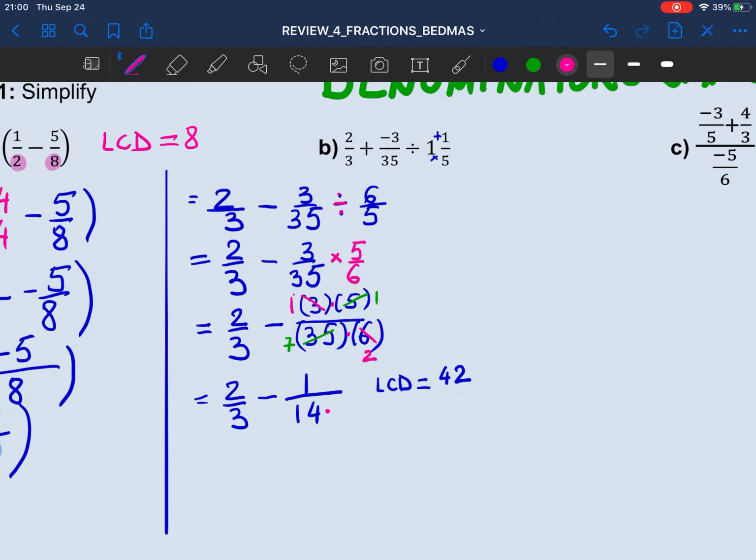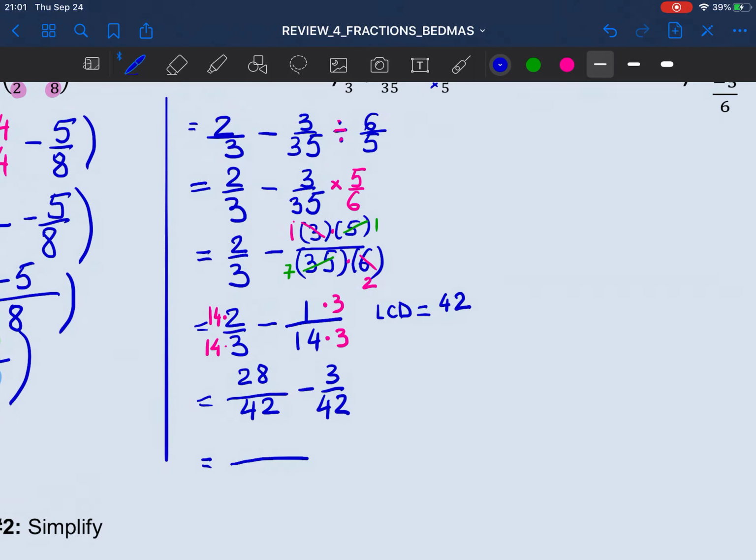So we need to multiply 14 by 3, and we need to multiply 3 by 14 to make this happen. So here we go again. 14 times 2, we need to simplify each fraction. 28 over 42 minus 3 over 42.